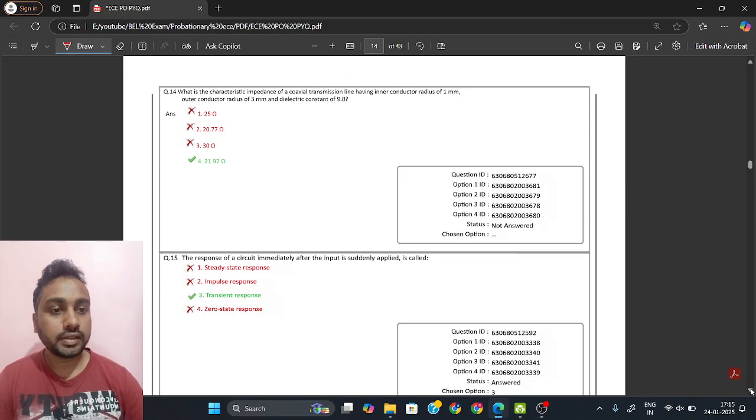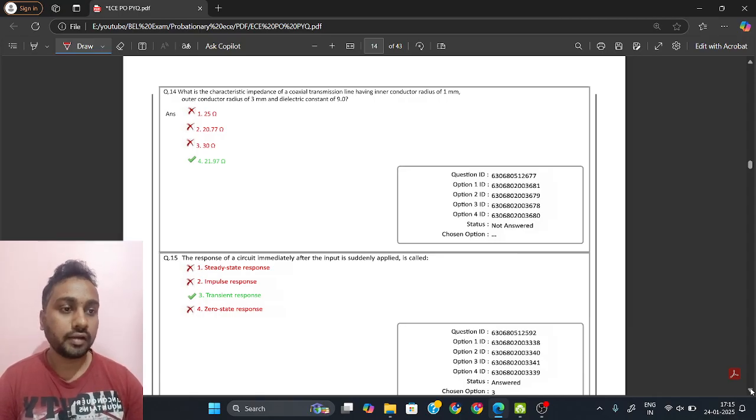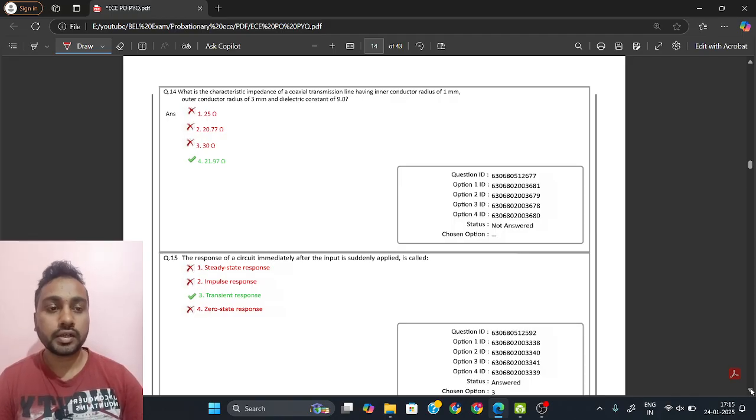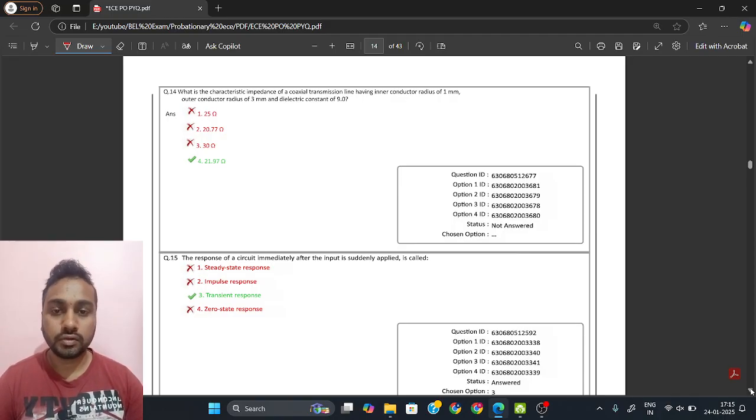Now, what is the characteristic impedance of a coaxial transmission line having inner conductor radius of 1 mm, outer conductor radius of 3 mm, and dielectric constant of 9? Okay.